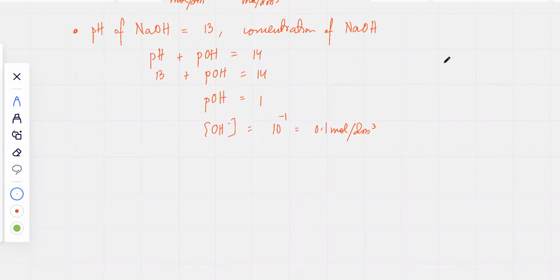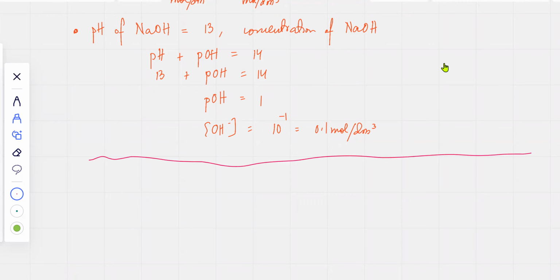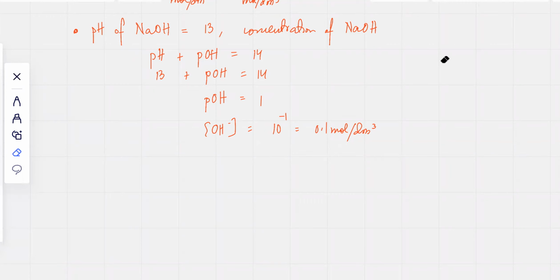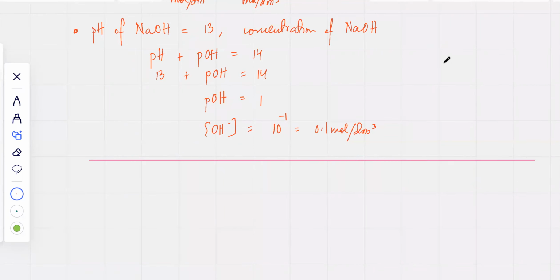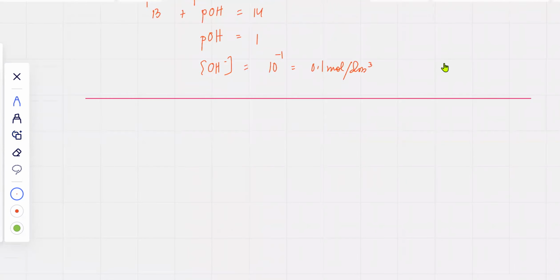Now I'm going to start talking about strong acid and strong bases is kind of easy. What I'm going to start talking about is weak acids.